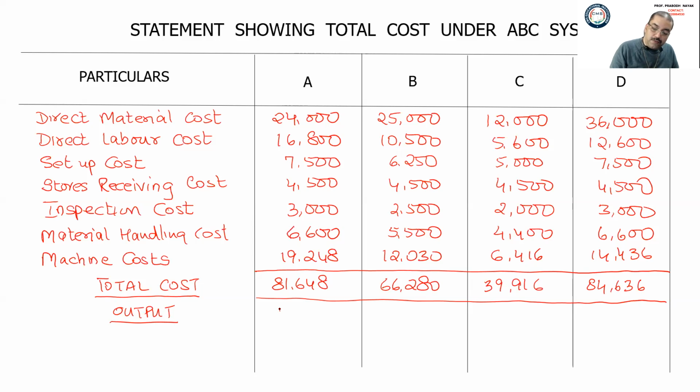Next line, net output. 600, 500, 400, 600.